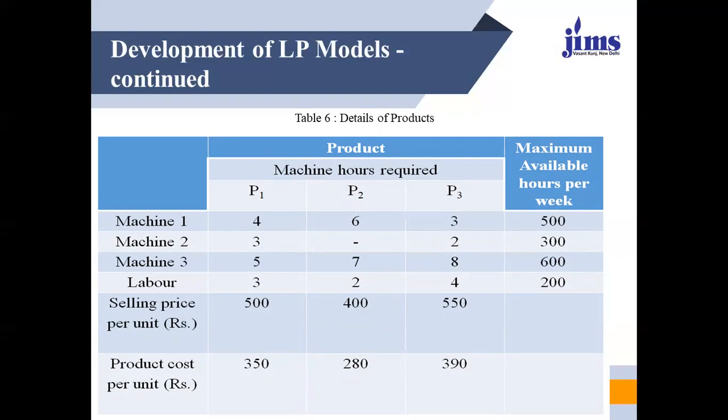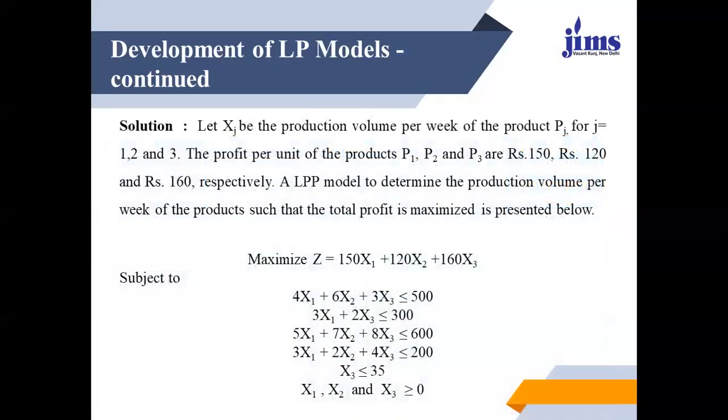So suppose you are producing X1 quantity of P1, X2 quantity of P2, and X3 quantity of P3, then the total machine hours required on machine 1 is 4x1 plus 6x2 plus 3x3, and it has in any case to be less than or equal to 500 because this is the maximum availability. So the first restriction is 4x1 plus 6x2 plus 3x3 is less than or equal to 500. I think I am clear.